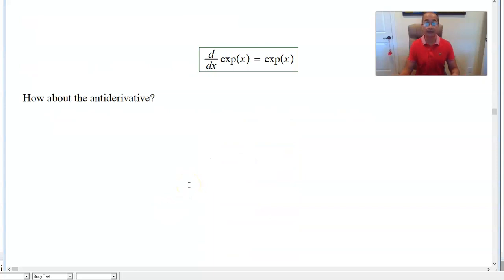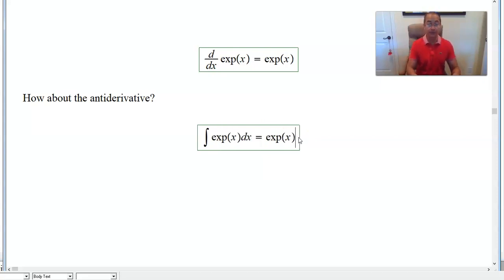Okay, so there's our derivative formula. But every time we have a derivative formula, for free, we get an antiderivative formula. So this says that the antiderivative of the exponential function of x dx is also the exponential function plus c.